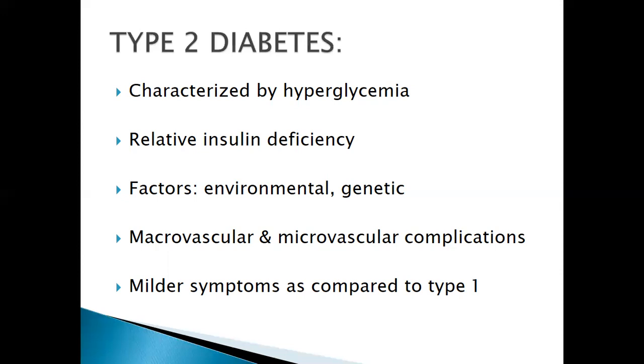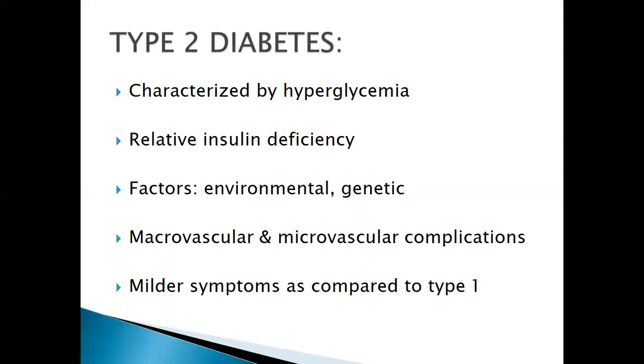We also know these factors contribute to the development of type 2 diabetes mellitus, eventually leading to the different macrovascular and microvascular complications. Macrovascular complications include coronary artery disease, peripheral arterial disease, and stroke. Microvascular complications include diabetic nephropathy, neuropathy, and retinopathy.